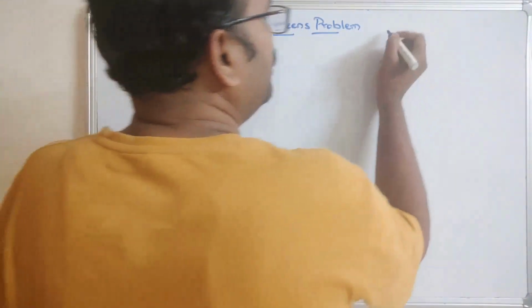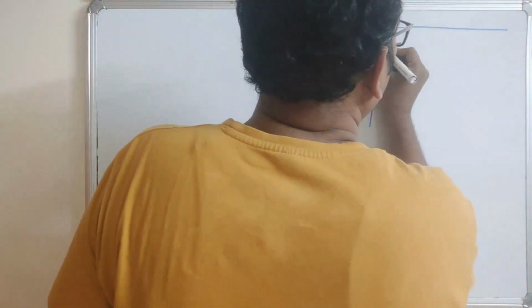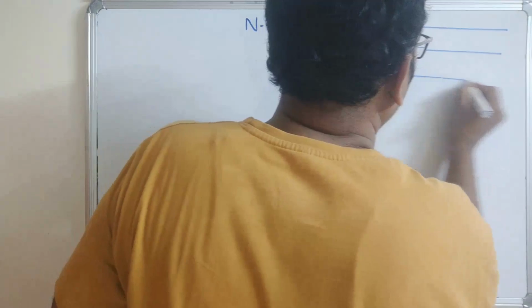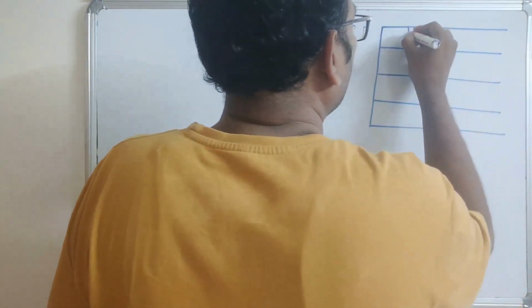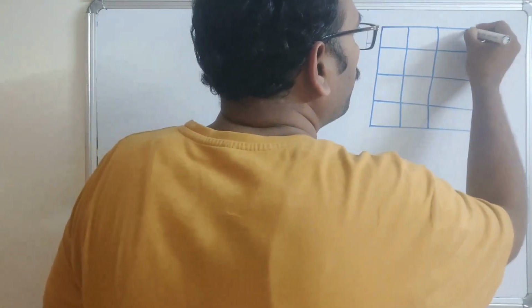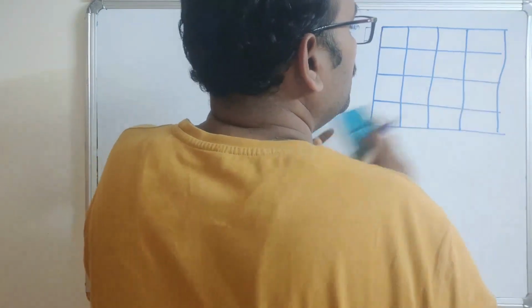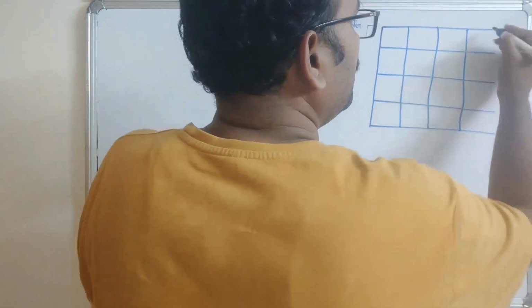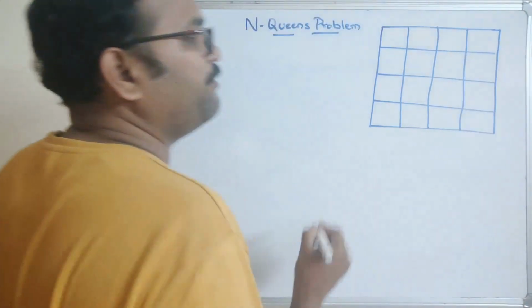So I will draw here. I am taking a 4 by 4 table. Just now we have seen that we have to consider an n by n table.